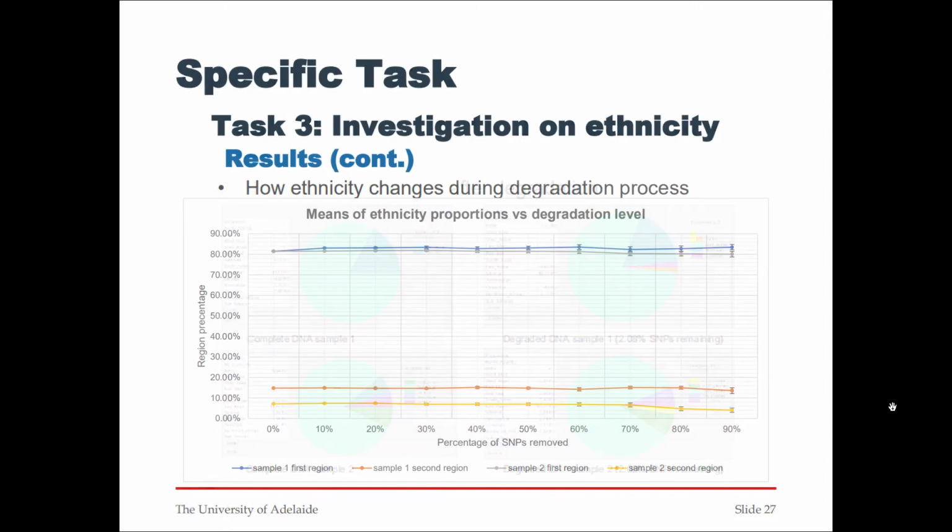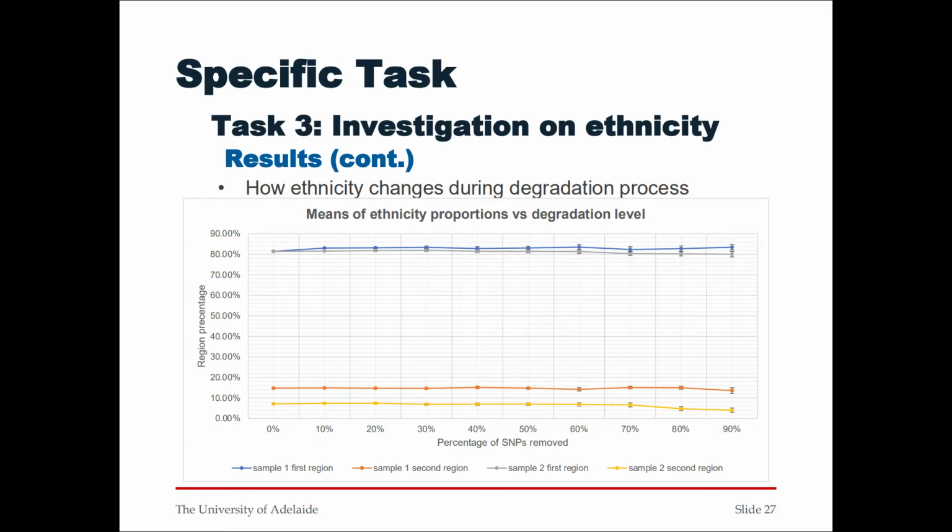To further prove our theory, we also made this line graph. The y-axis presents the proportion of major ethnicity regions in the reports, and the x-axis shows what percentage of SNPs were removed from the original files.